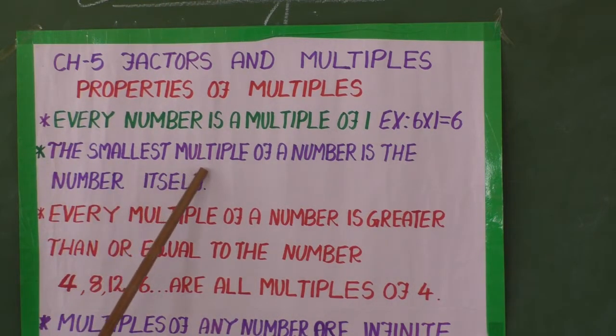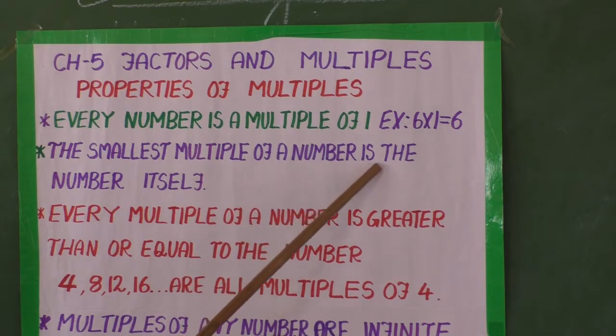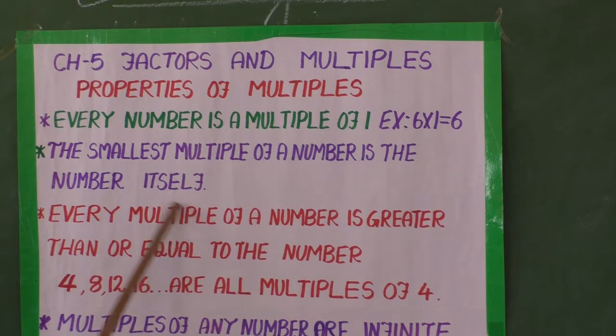Then the smallest multiple of a number is the number itself. Suppose you are taking number 5. So do you know the multiples of 5? The smallest multiple of number 5 is the number itself, 5 only.